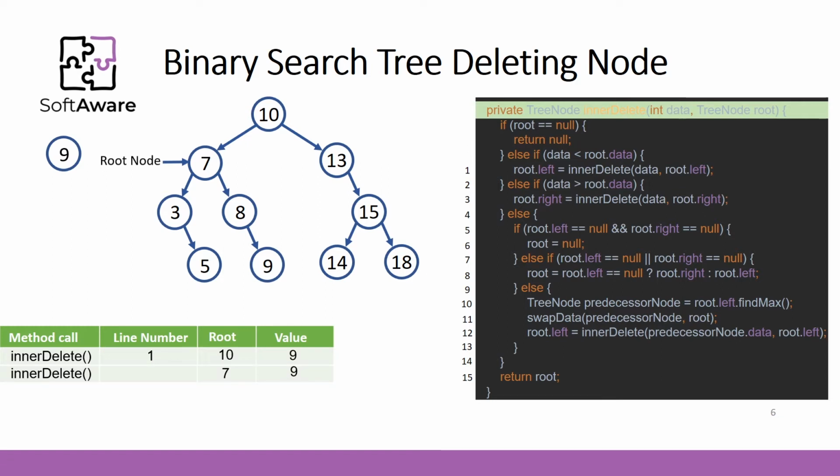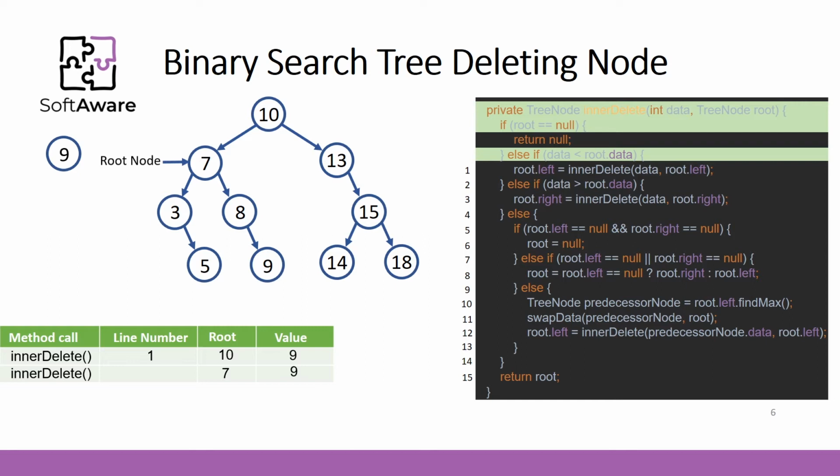Again, root is not null, so we skip to the next else-if statement and check if data is in the left subtree of 7, because we know that the left subtree of a node contains only nodes with keys lesser than the node's key.